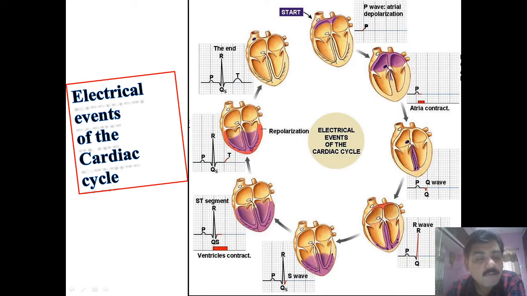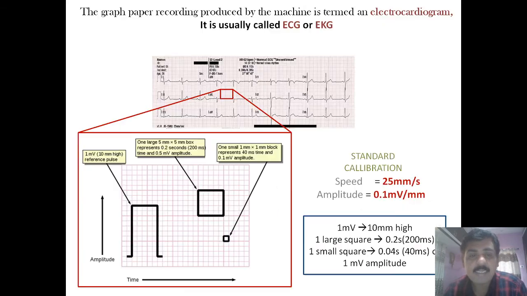After the waves of contraction, or after this QRS complex, these ventricles get relaxed, and that is indicated by the upward deflection of the wave, and that we call the T wave. This T wave indicates the repolarization of the ventricles. Means the P wave indicates the depolarization of auricles, the QRS complex indicates the ventricular contraction, and the T wave indicates the repolarization of the ventricles.